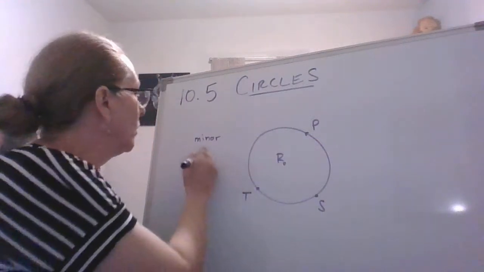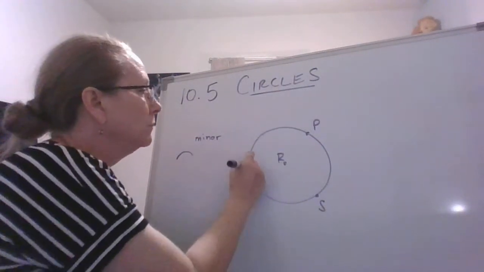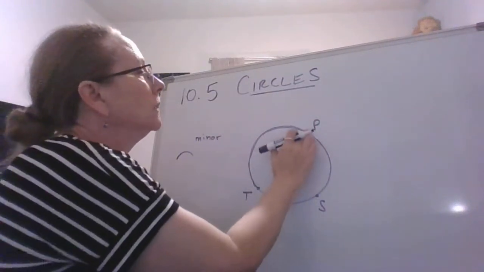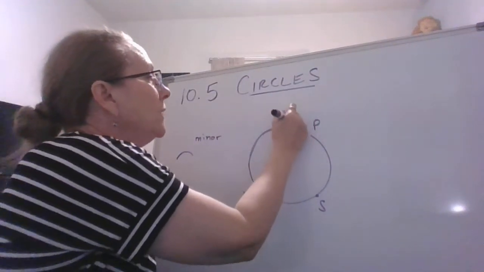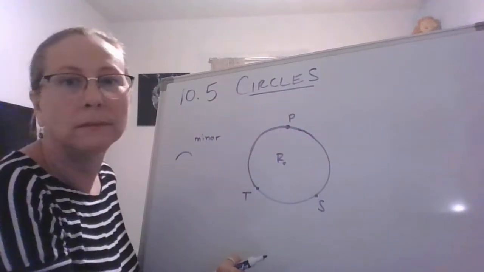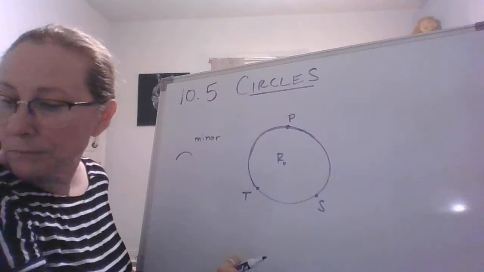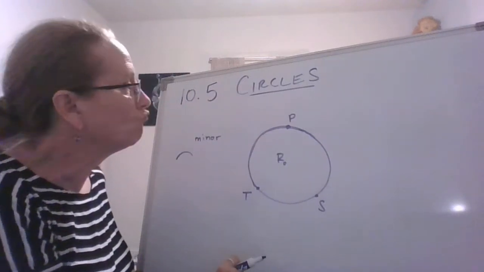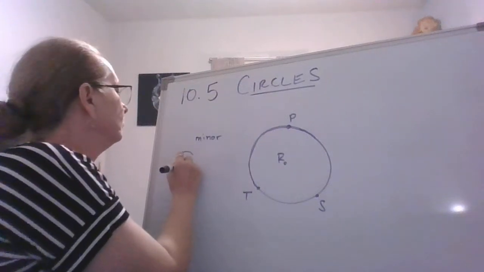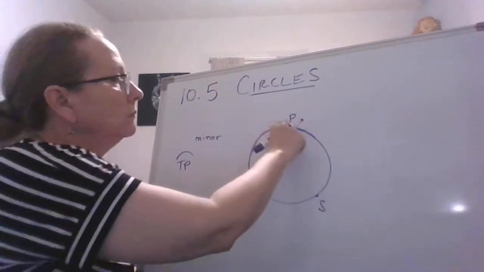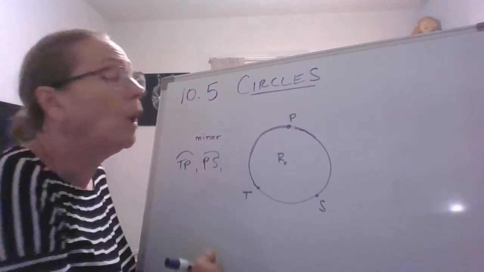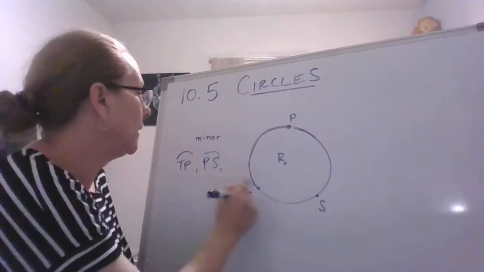So a minor arc could be from, for example, T to P. In fact, let's make it look even more obvious that it's minor, less than 180. Let's make it T to P. All right. Yeah, we'll leave that. Or P to S, minor arc. Or T to S.